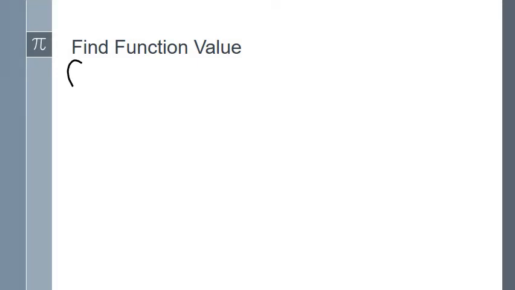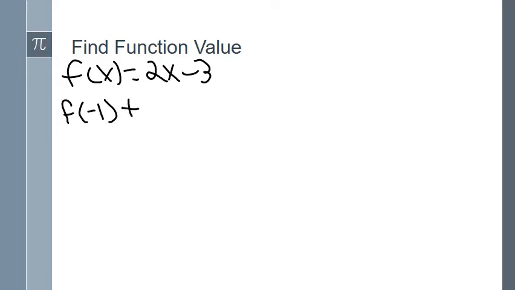Okay, so we're still going to be working with this same f of x equals 2x minus 3 as our function notation or our function equation. But let's say that we're asked now to find, well, okay, what if we got the f of minus 1 plus f of 2?